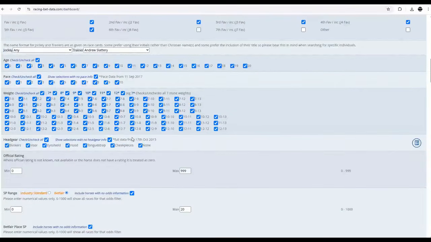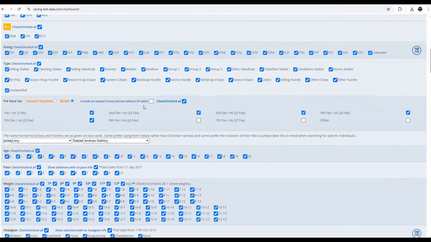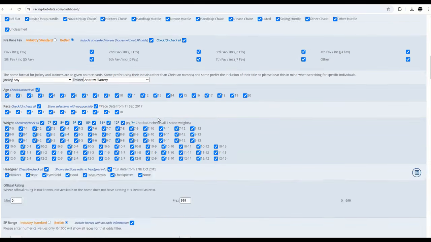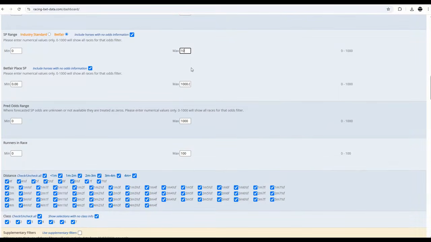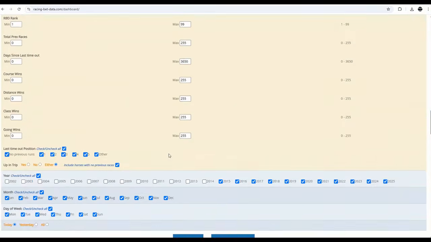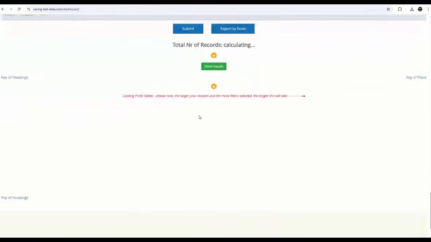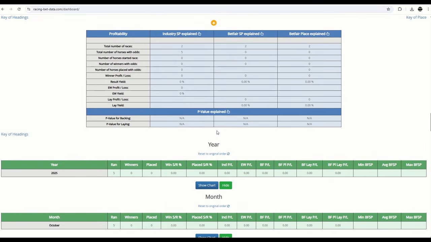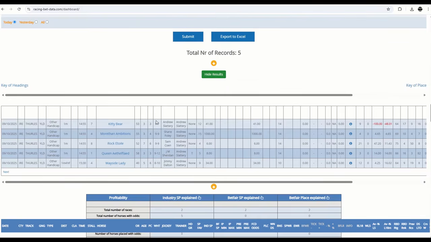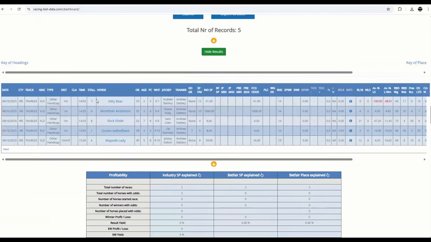However, if I go and uncheck these, select all, and clear the range, I should now see his selections for today. There you go. So you can see there are 5 horses, and if I go show results, you will see those in list order, which can be exported to Excel.